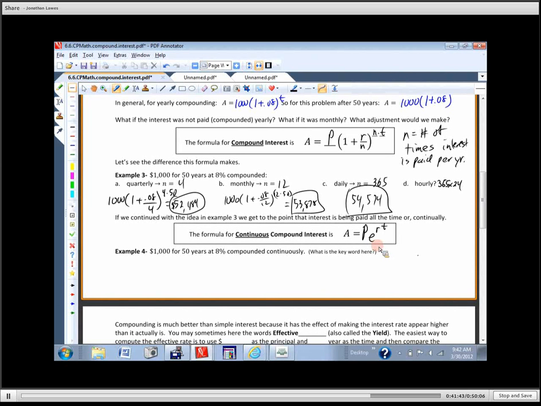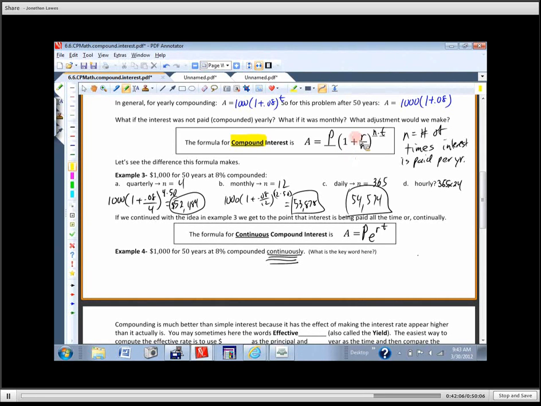Okay? So let's put $1,000 in an account for 50 years at 8% compounded continuously. And again, the word here that's very key is continuously. If they say continuous, then you use this formula. If they just say compound, then you use this formula. Okay? Again, those are the key words.